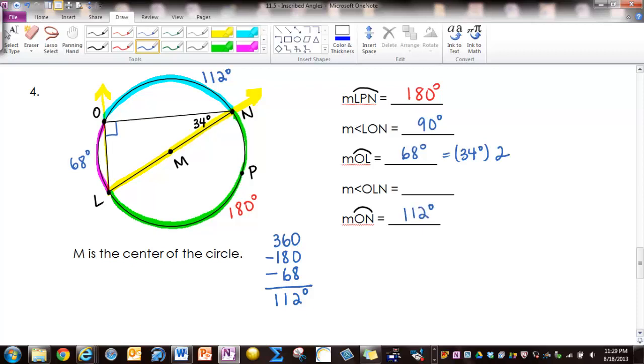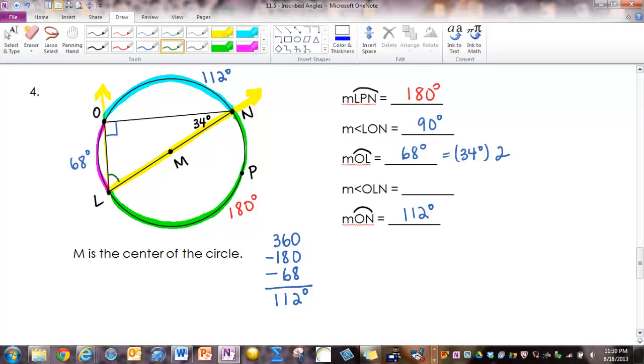Now I'm going to use that to find the measure of angle OLN right here. It is an inscribed angle, so its measure is half of its intercepted arc, which is the blue arc, 112 degrees. So I'm going to be taking 112 degrees divided by 2, and that will give me 56 degrees.